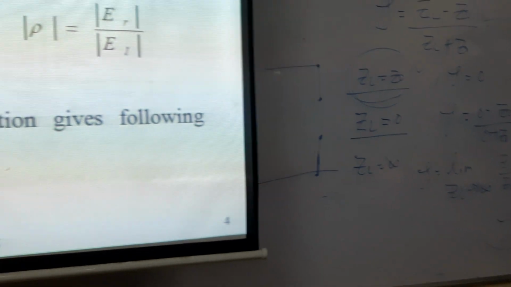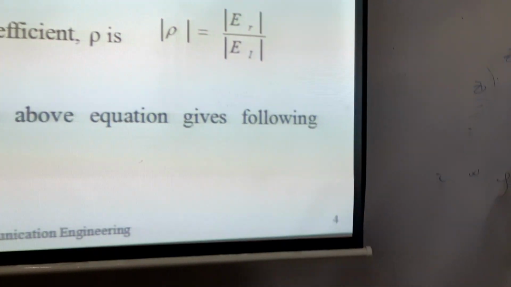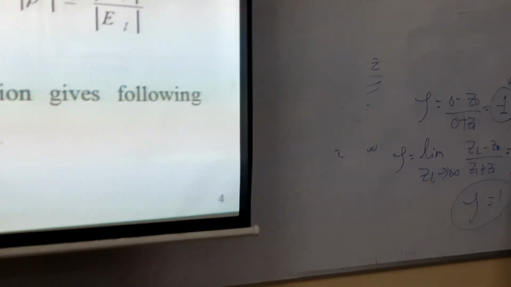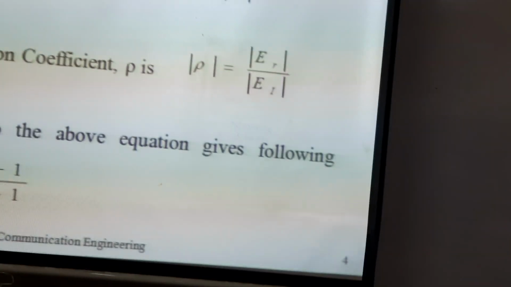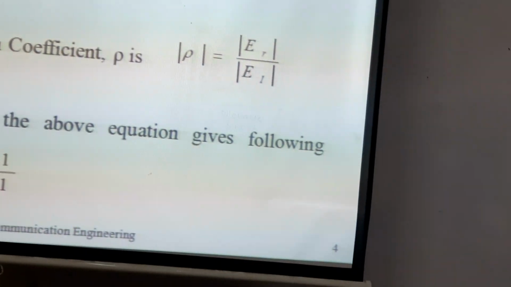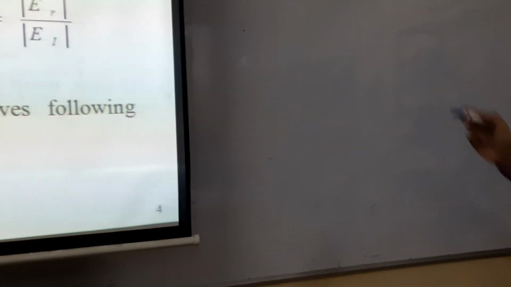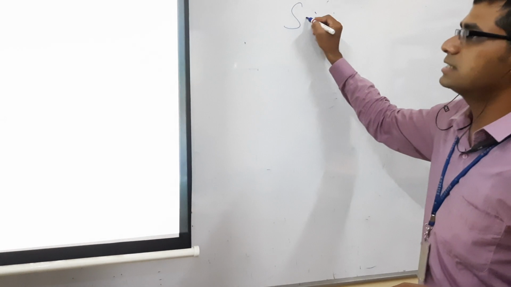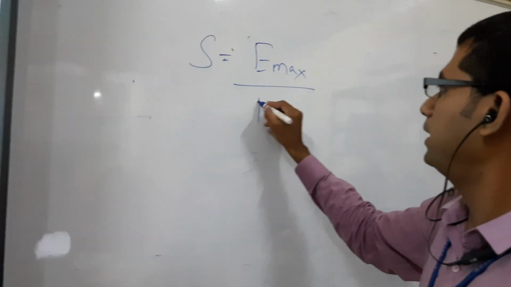Then comes the term standing wave ratio, VSWR. Now we will try to establish a relation between the reflection coefficient and the VSWR, the voltage standing wave ratio. What is that? The standing wave ratio is defined as E max by E min.